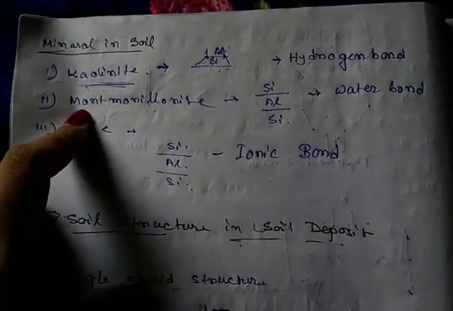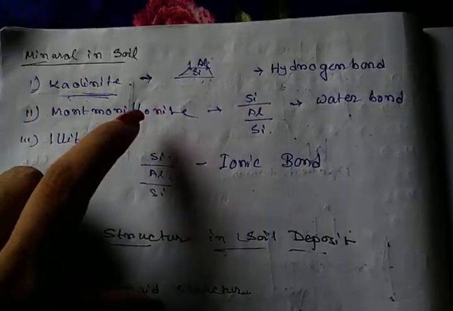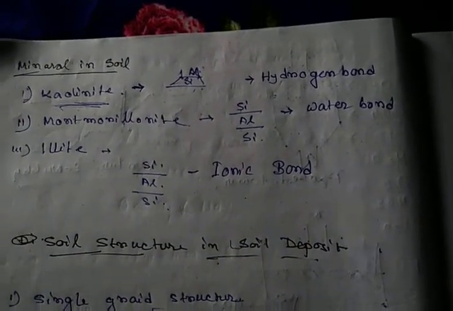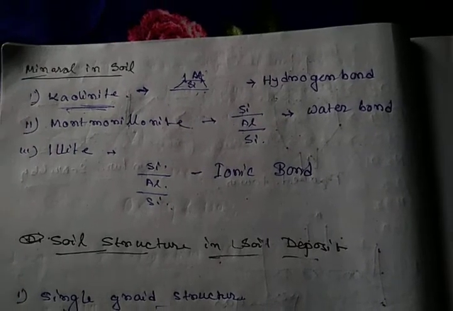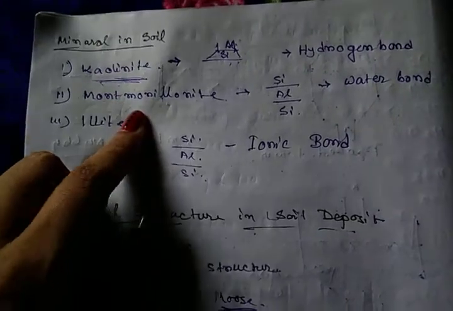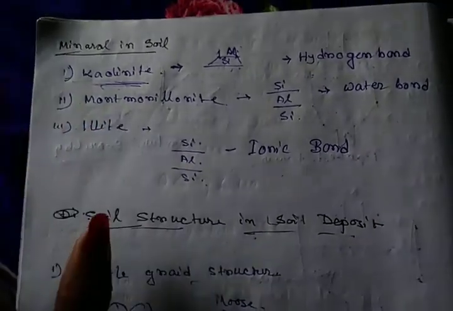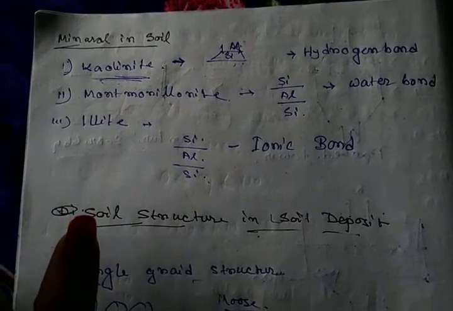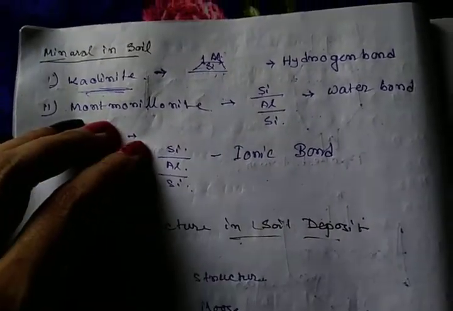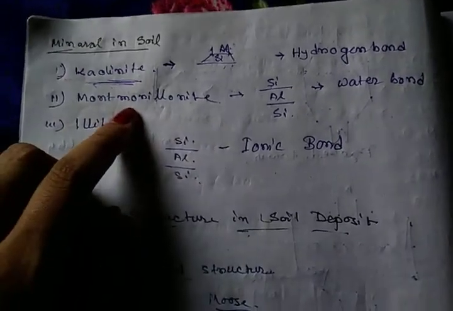And this is the montmorillonite structure. Montmorillonite mineral is like a water bond mineral. But this water bond mineral is not suitable for foundations or design of buildings, etc., but it is suitable for agriculture.